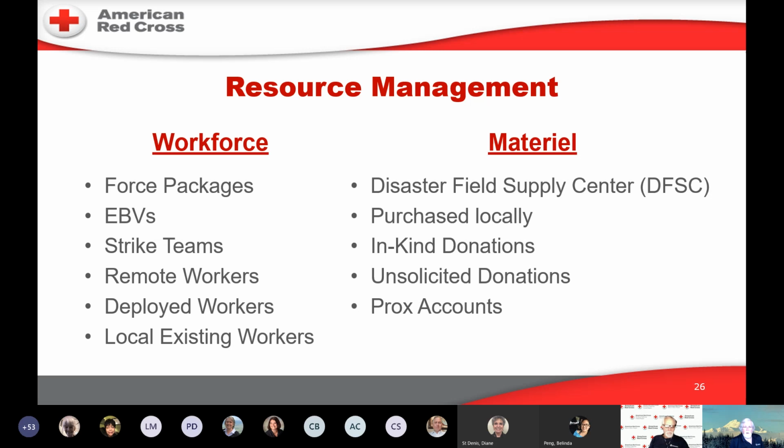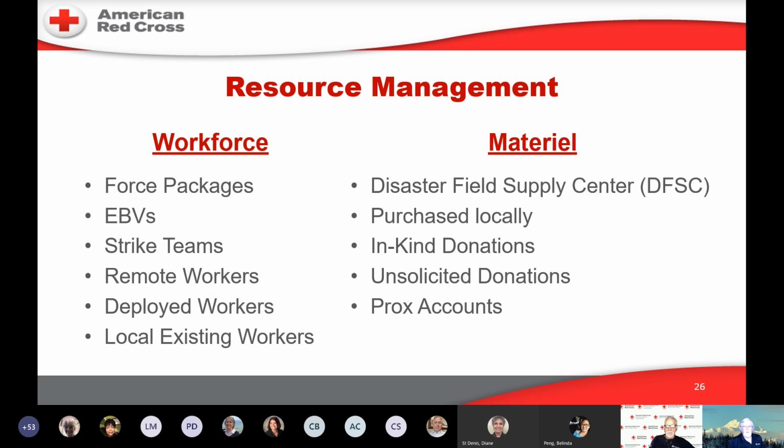Strike teams, compact, go in, remote workers, deployed workers, and local existing workers, all bringing on.